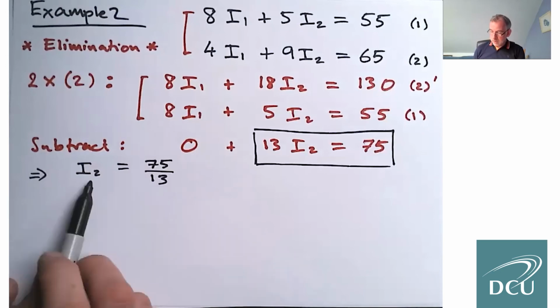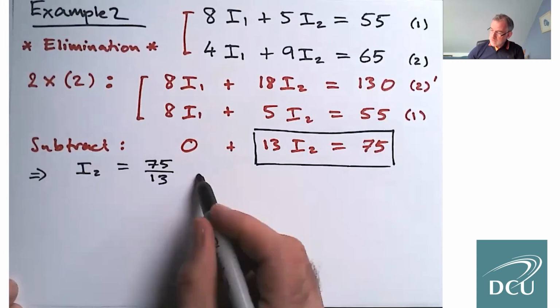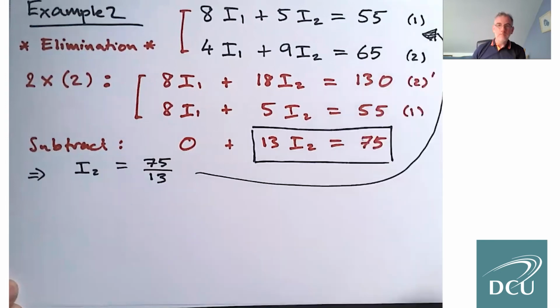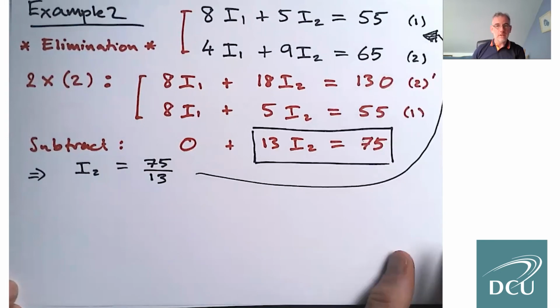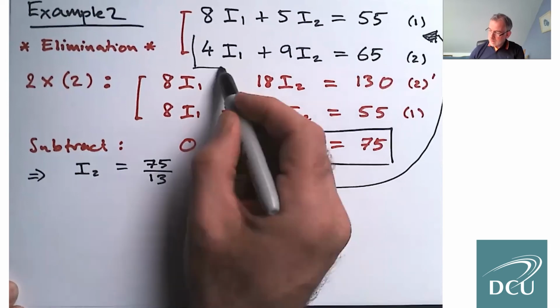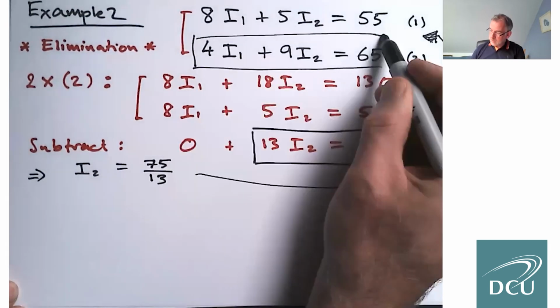And to get I1, I can go all the way back to the start here and use the fact that in these equations, I now know the value of I2. Okay, I figured out the value of I2. So if I take the second equation there and use the fact that I know I2, what will I get?